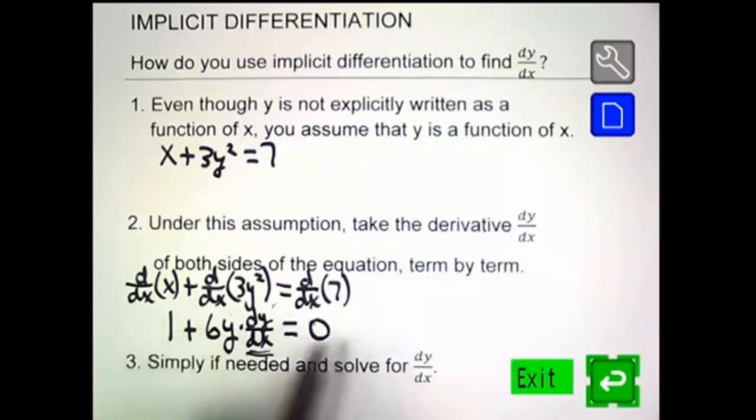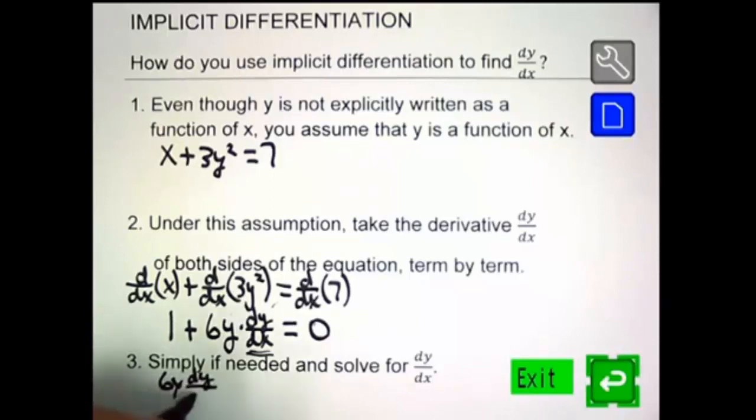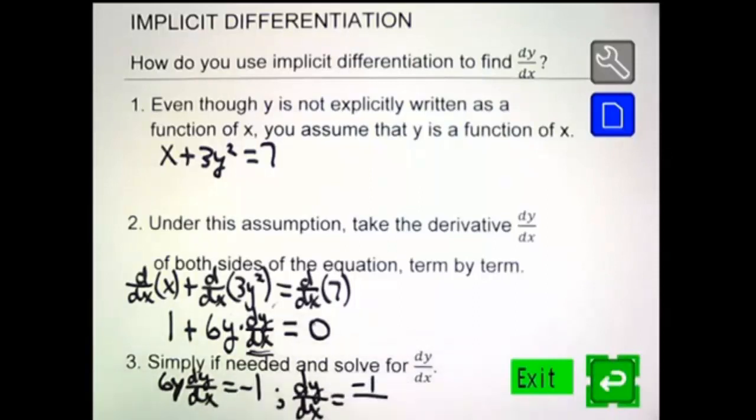I just need to subtract 1 from both sides, and I would get 6y times dy over dx is equal to -1. And then if I divide both sides of that equation by 6y, I would get dy over dx is equal to -1 over 6y.